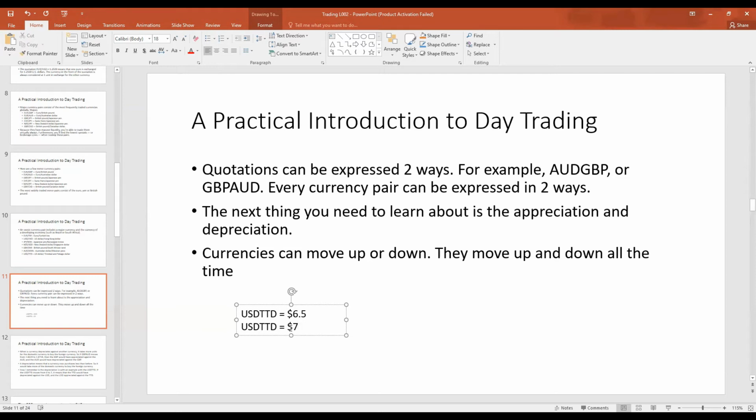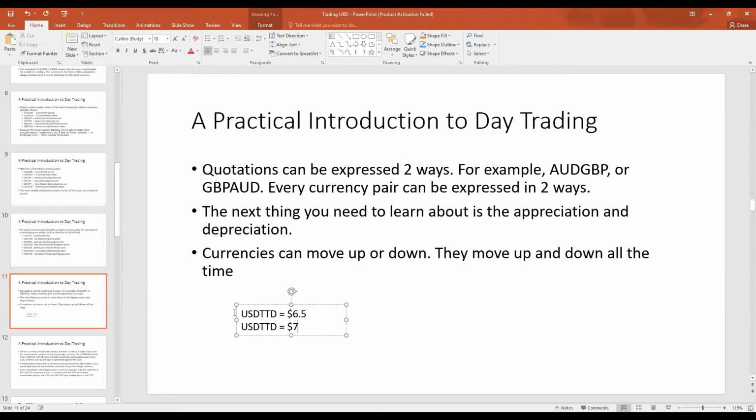It is now more difficult to buy the same amount of US dollars as before. So the Trinidad and Tobago dollar has depreciated in value relative to the US dollar. This is how we show a depreciation. When one country appreciates in value against another, the other country will also experience a depreciation in the value of its currency relative to the other country.